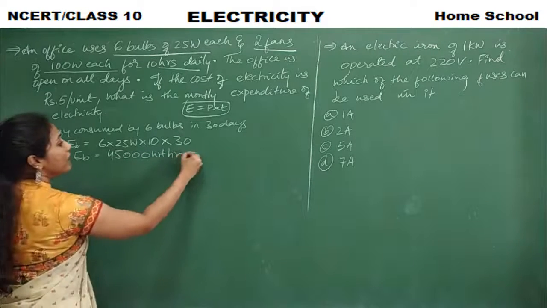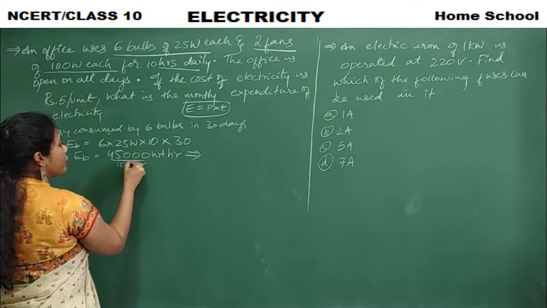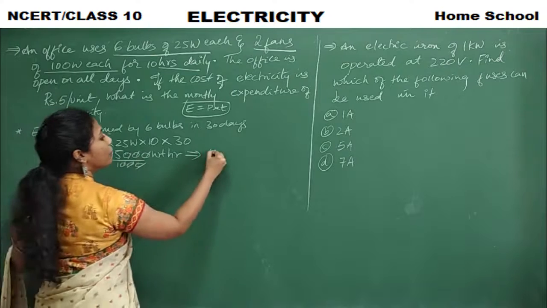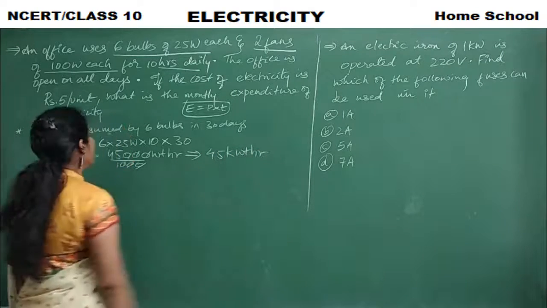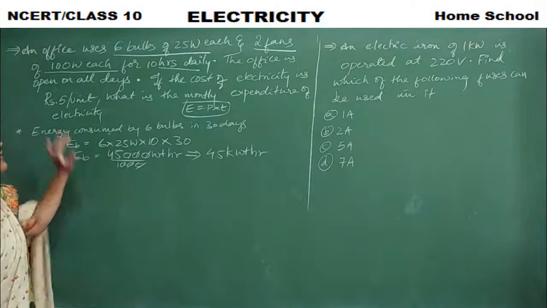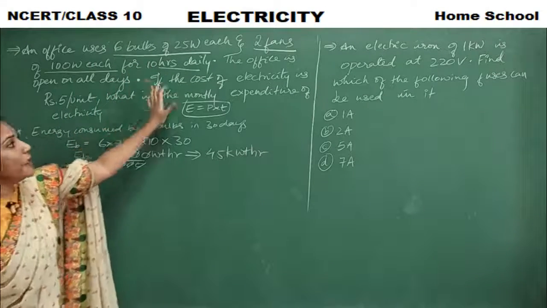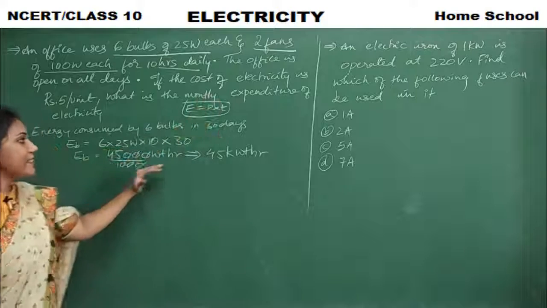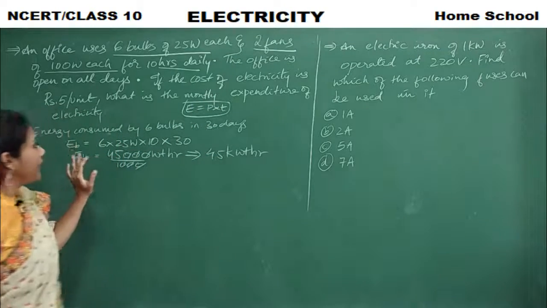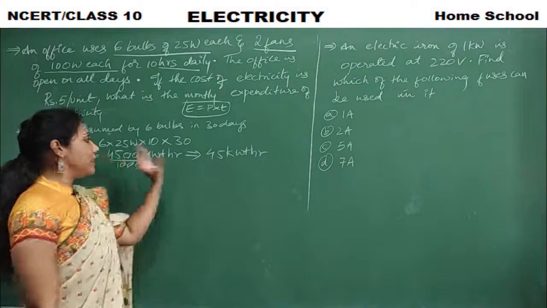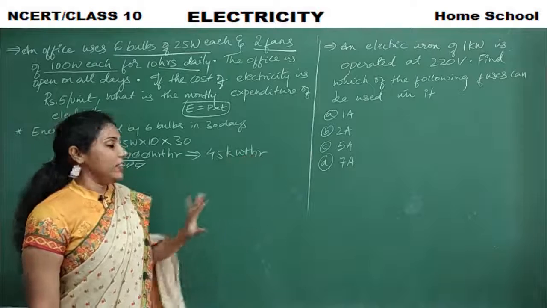If you have to convert this into kilowatt hour, divide by 1000. So you would be getting 45 kilowatt hour. So the energy consumed by 6 bulbs every day for 10 hours for about 30 days is this much. 45,000 watt hour, if you convert it into kilowatt hour, is 45 kilowatt hour.